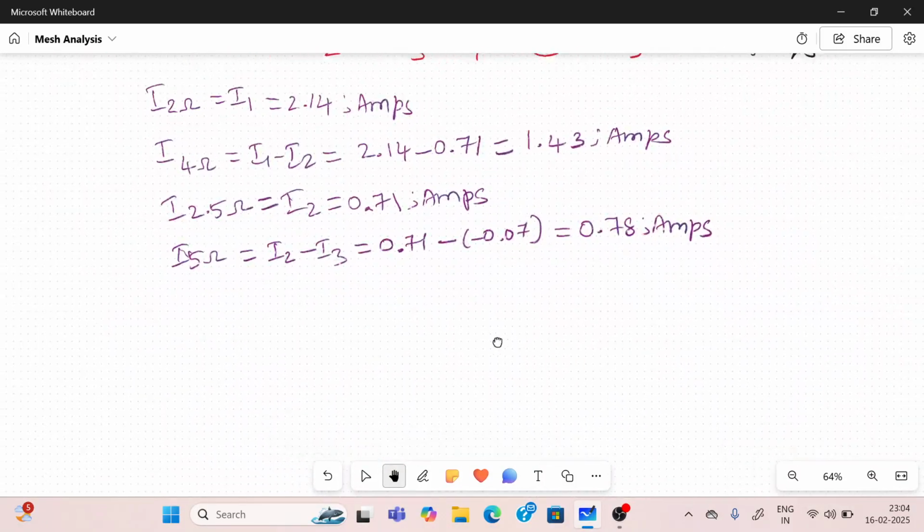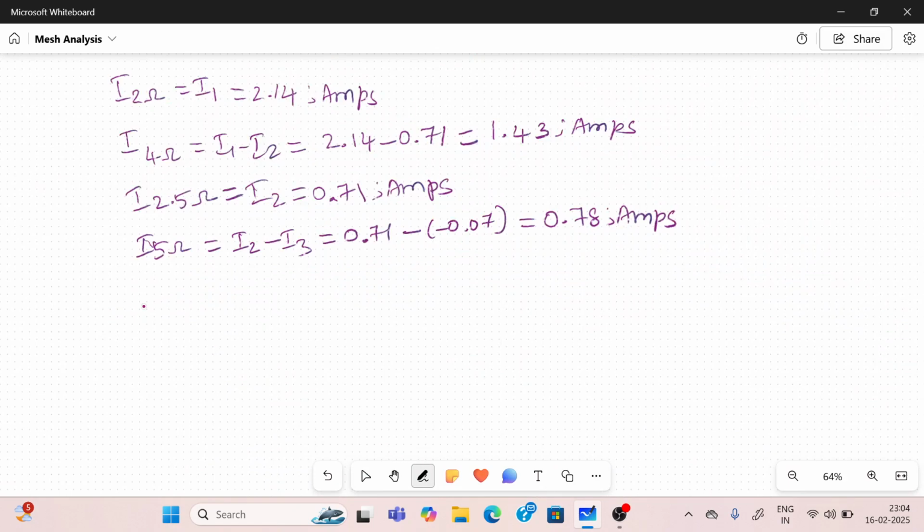Next, the current flowing through the 1 ohm resistor is I3, which is equal to minus 0.07 amps. So now the current is not in the negative.